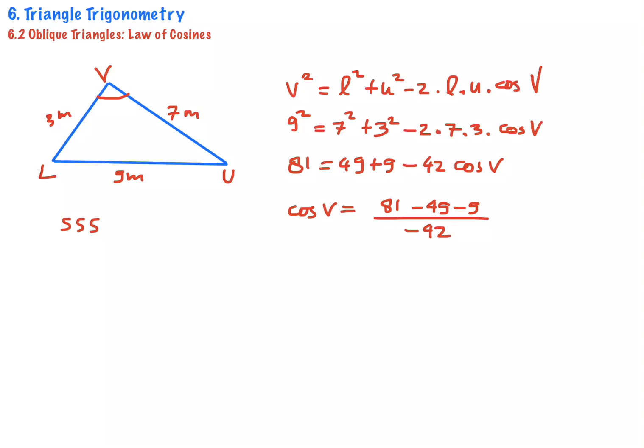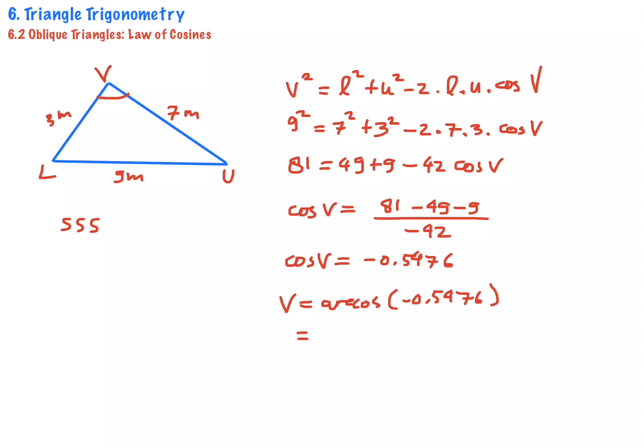Okay, and then we'll get cos V equal to negative 0.5476, or V equal to arc cos of negative 0.5476, and we'll get that the answer will be plus minus, right?